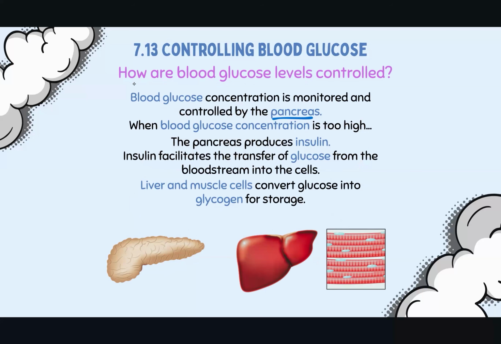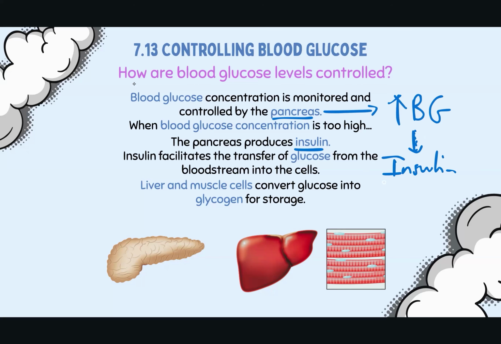Now, if the pancreas detects that blood glucose concentration is too high, what does it do? It releases a hormone called insulin.